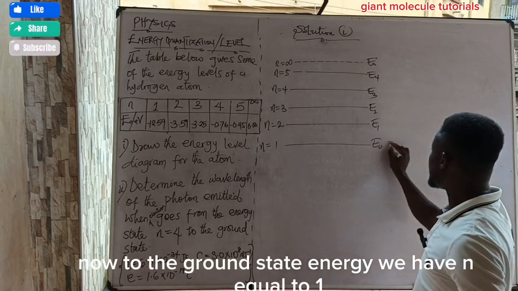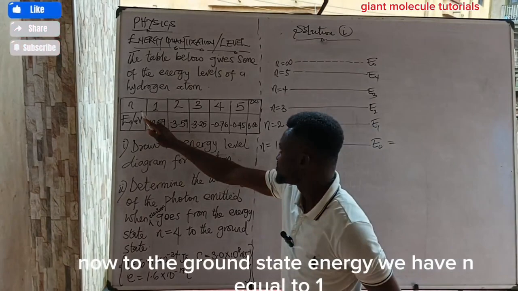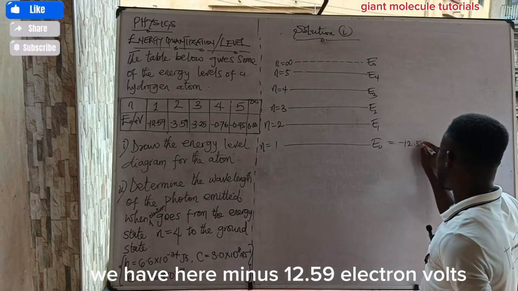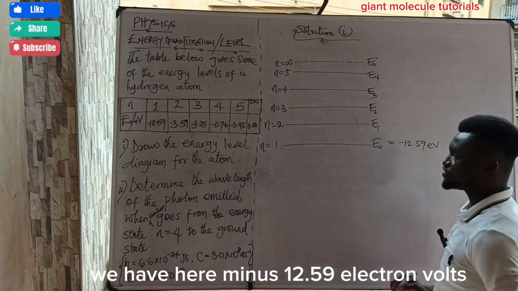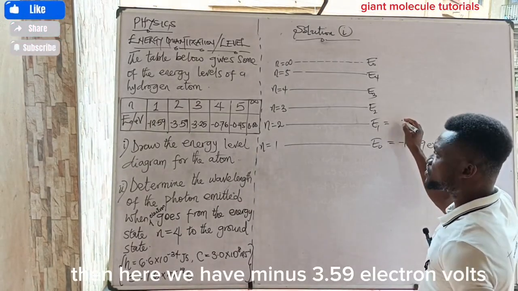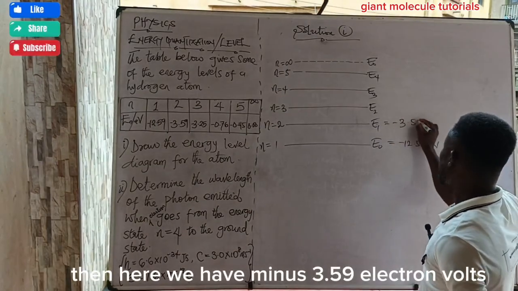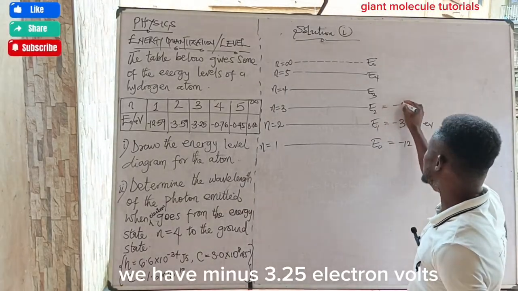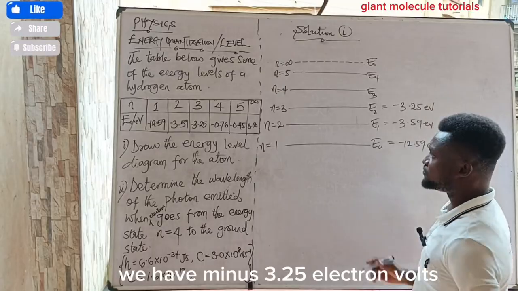Now, at the ground state, n equal to 1, we have here minus 12.59 electron volts. Then here we have minus 3.59 electron volts. We have minus 3.25 electron volts.